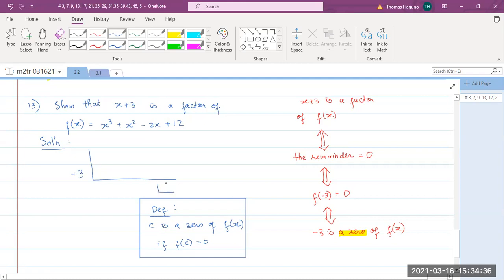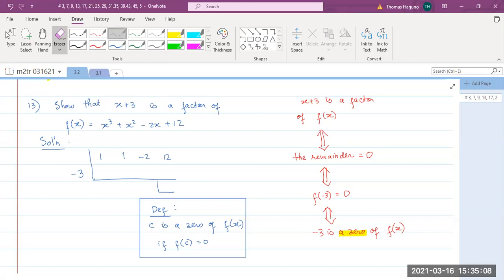That's what I need. The coefficients of that polynomial are 1, 1, negative 2, and 12. Once we can show that the remainder is 0, then x plus 3 must be a factor.